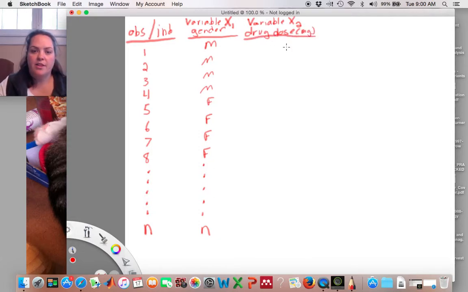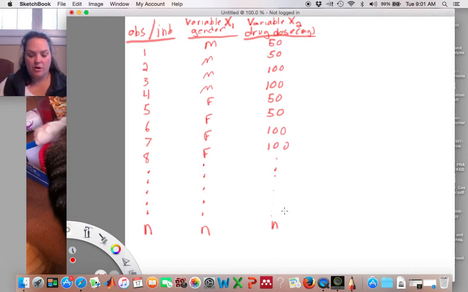Let's say the first 2 males got 50 milligrams. The second 2 males got 100 milligrams. And same with the females. First 2 got 50 milligrams. Second 2 got 100 milligrams. Down until the end of our data set.